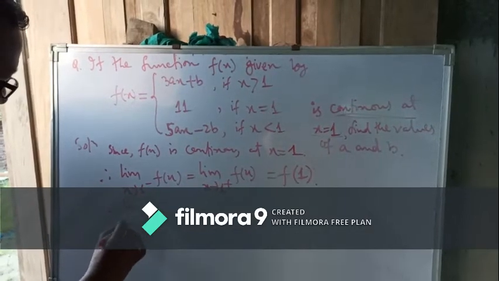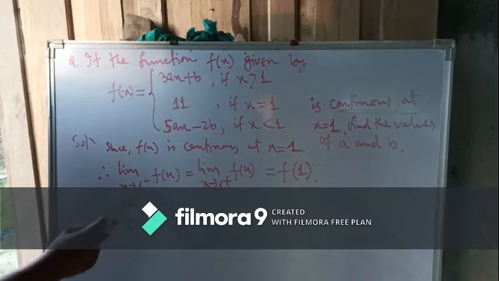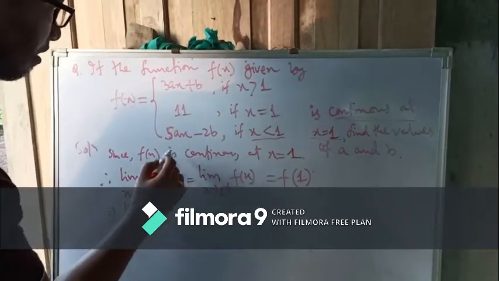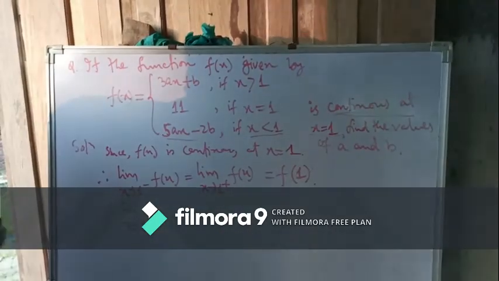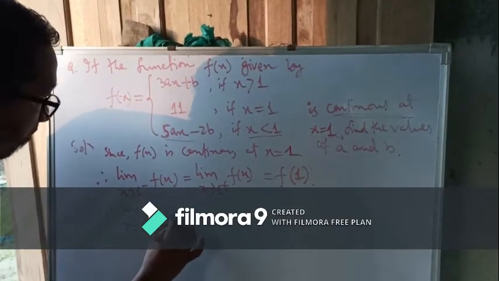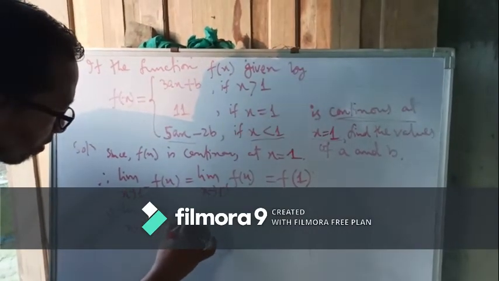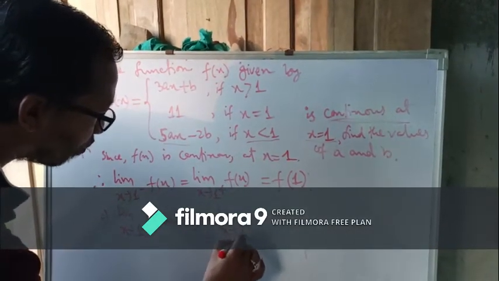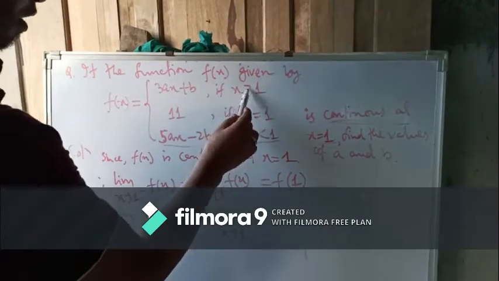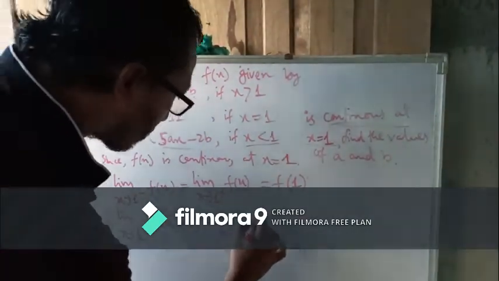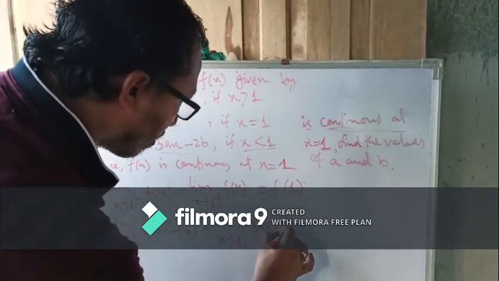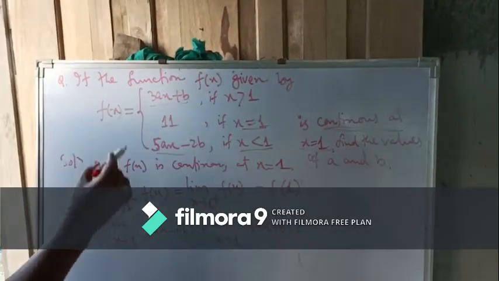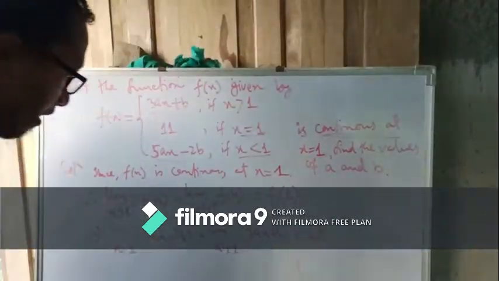Limit x tends to 1 minus means x less than 1, so we have to apply this function, 5ax minus 2b, is equal to limit x tends to 1 plus, more than 1 means this one, 3ax plus b, and f(1) equal to 11, so we will write 11.